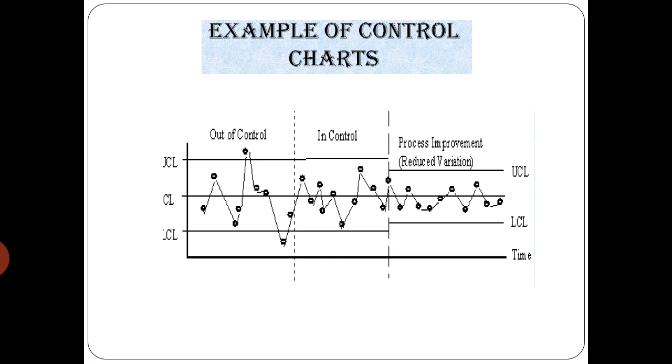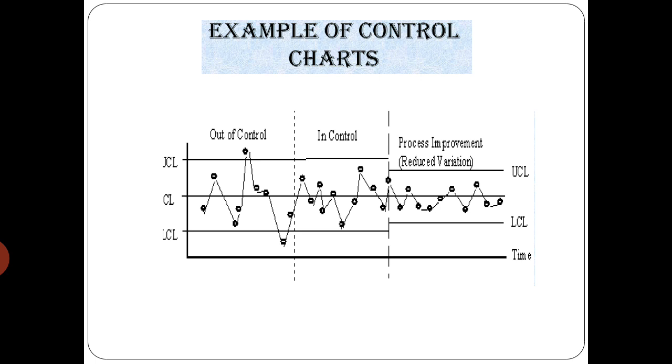In between, you can see in control. The variation should be in between LCL and UCL, the lower control limit and upper control limit, and that's called in control. If there are some defects, whenever we remove the defects or improve the system or the process, then the variation of the data is close to the central line.